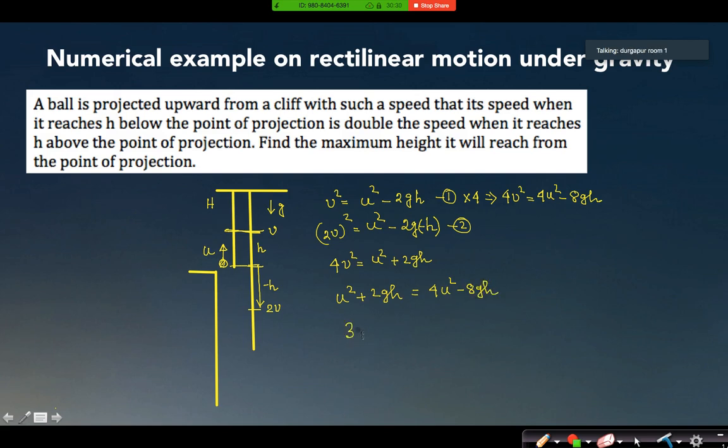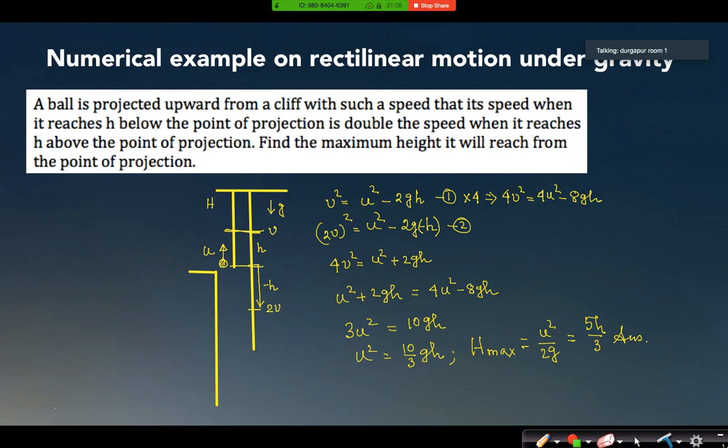So 3u square is equal to 10gh, and u square is equal to 10 by 3 gh. But what do I need to find? I need to find h max. Do you remember the formula for h max that we have just used? u square by 2g. So if I divide u square by 2g, it will be 5h by 3. That should be the answer to your question.